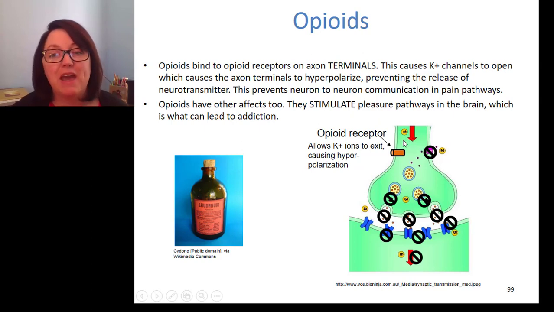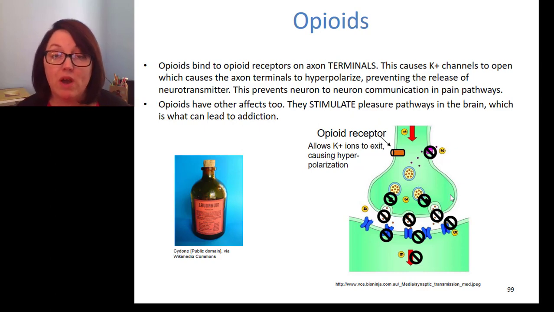So remember, what's supposed to happen at our axon terminal is the action potential arrives, that depolarization phase of the action potential arrives, opening voltage-gated calcium channels, and then the calcium triggers the release of neurotransmitter. But what the opioids do is they cause hyperpolarization of the axon terminal, preventing the calcium from entering, which prevents the release of neurotransmitter. And this completely stops the signaling pathway.